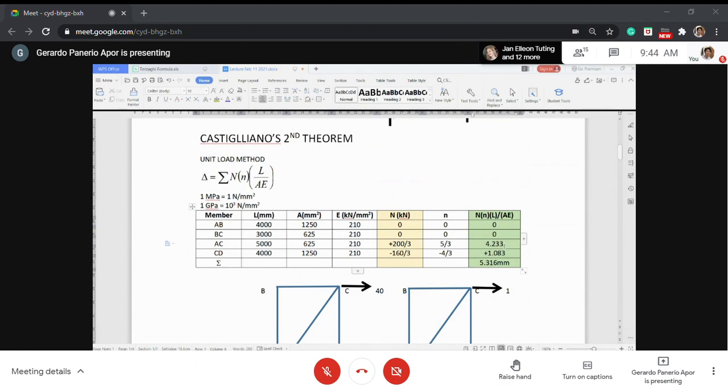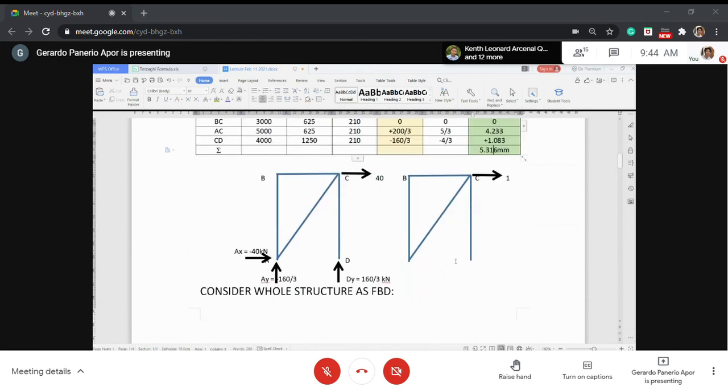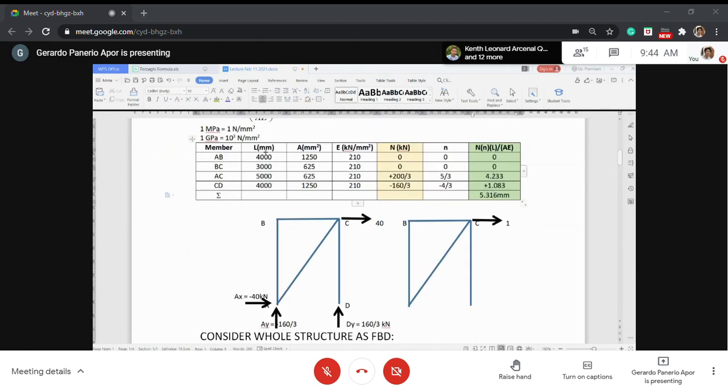That's correct. So this one, carry on the sign, negative times negative becomes positive, so you get the same answer. Okay? So I'll save this.